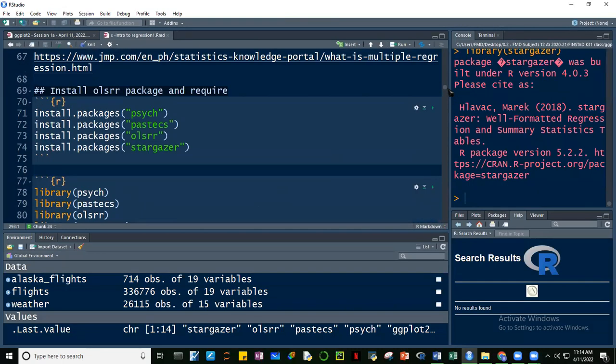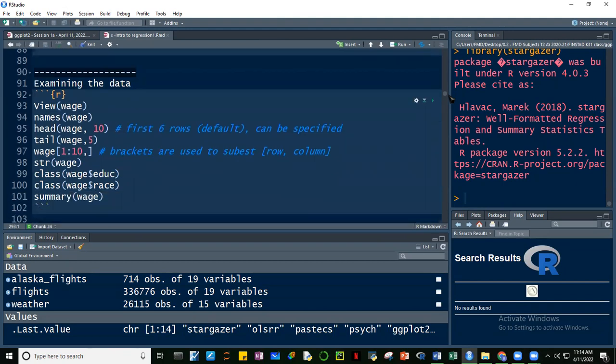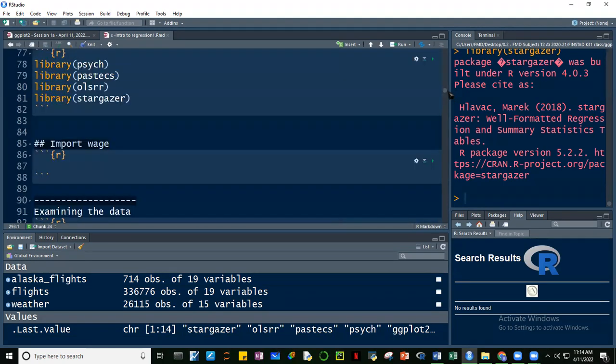Okay, so we were using the wage data. Sorry, hindi ko pa pala na-import. Apologies, guys. So let me import the data set. If you have not done so, guys, kindly import it now.